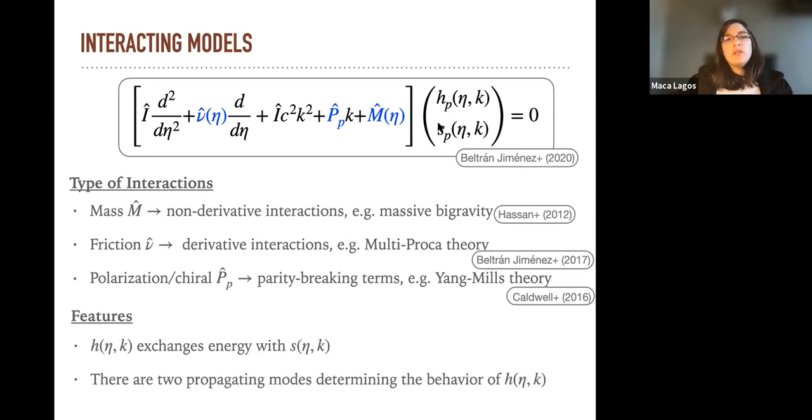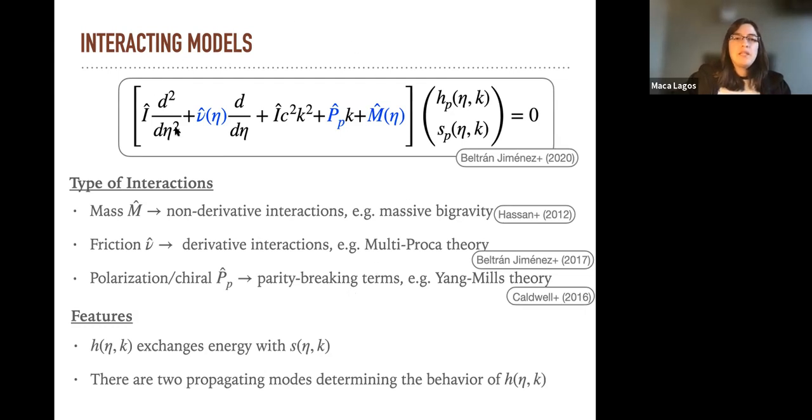So in general, what kind of features would we expect to find for the propagation of gravitational waves when you have interactions with additional fields? Well, the main feature is that gravitational waves will exchange energy with the additional field. I had already mentioned that. But more precisely, we will see an effect similar to neutrino oscillations.